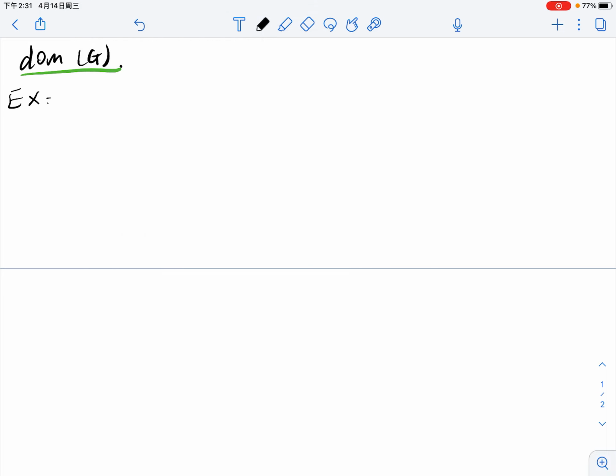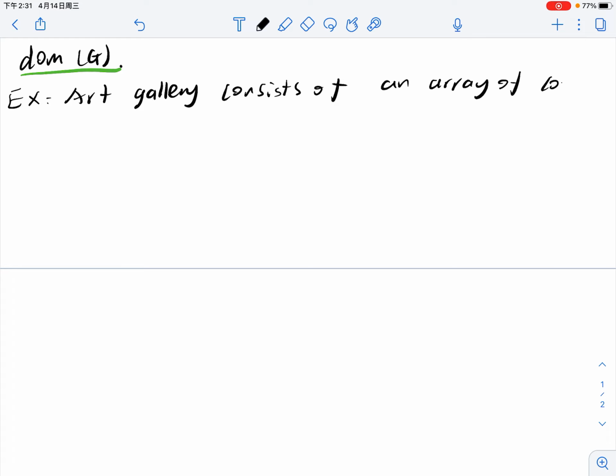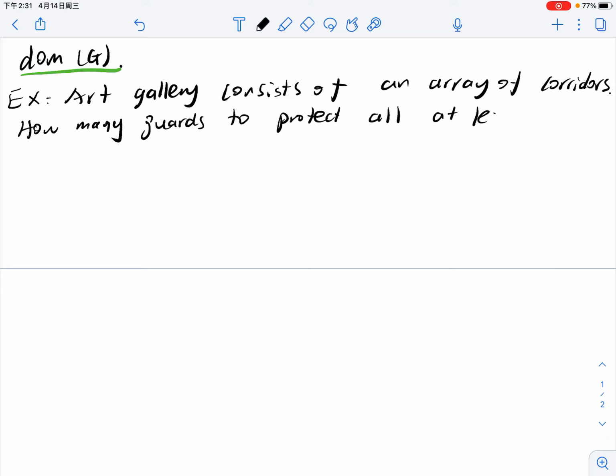This notion also has a real application, just like in an art gallery, which consists of an array of corridors, and we ask how many guards are needed to protect it all, at least.